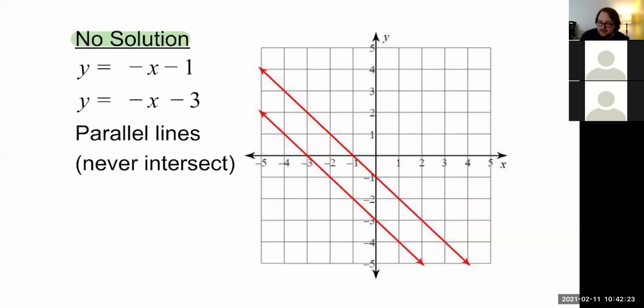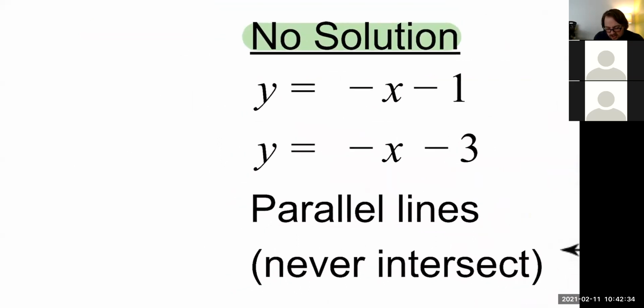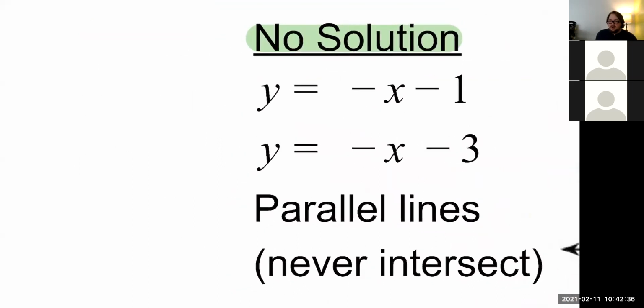But in some scenarios, our lines turn out parallel. Bonus question, to throw it back to just our test yesterday, if I hadn't given you this graph and I had just given you this system of equations here, y equals negative x minus 1 and y equals negative x minus 3, would you know that this is no solution? Yes.